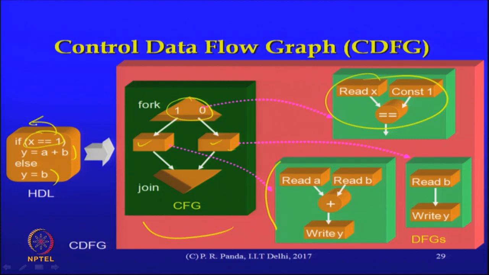But a control data flow graph is an overall structure where you have a hierarchy of graph structures. The higher level is a control flow graph where you have captured control flow, and the computation captured in the basic blocks is expanded out in the form of individual data flow graphs.